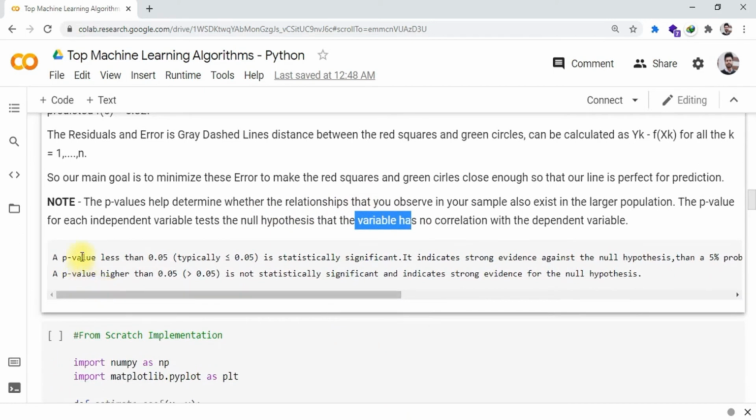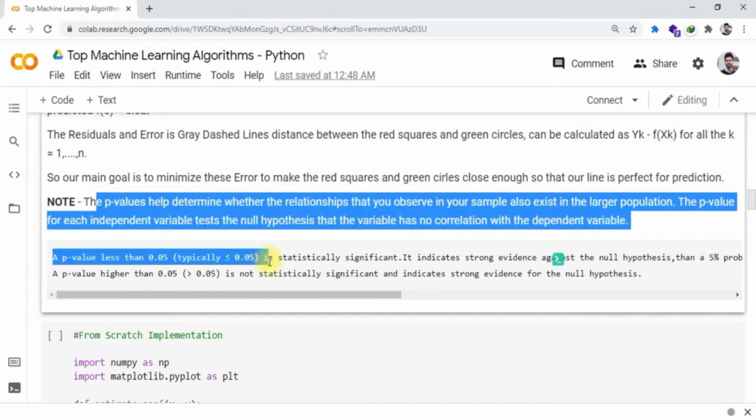So if the p-value is less than 0.05, it is statistically significant. It is strong evidence against the null hypothesis. And if the p-value is greater than 0.05, it is not statistically significant. It indicates strong evidence for the null hypothesis. So this is going to be the most mathematical part, or the analysis part.